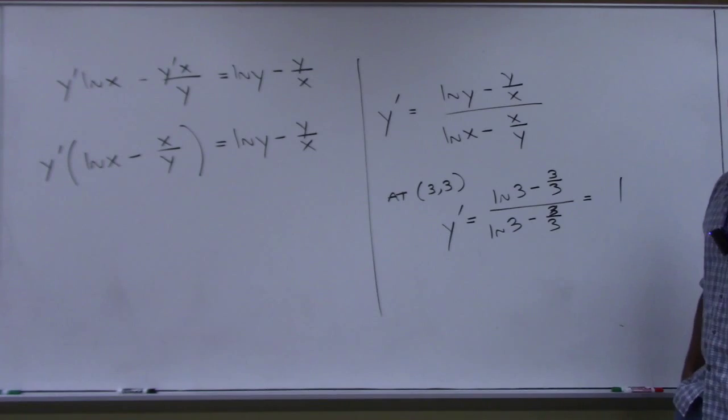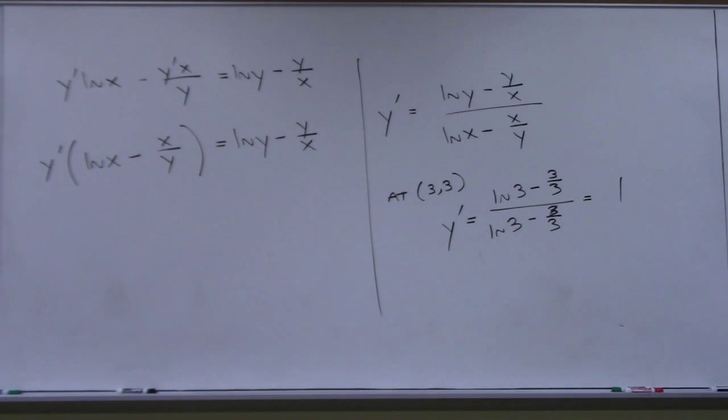All that for a slope of 1. At least it wasn't 0, right? Then we would have to say all that for nothing. At least it was 1.